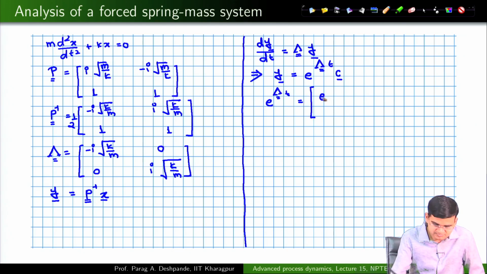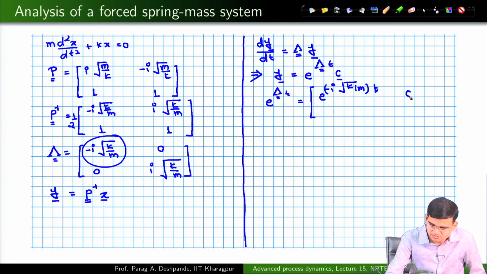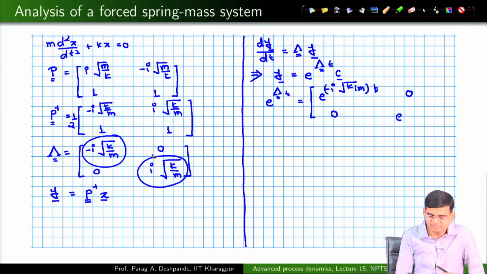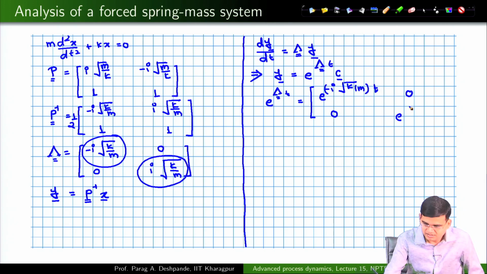E to the power the first component here, minus I root over k by m, the entire quantity multiplied by t, 0, 0, e to the power the second element along the diagonal, I root over k by m multiplied by t.